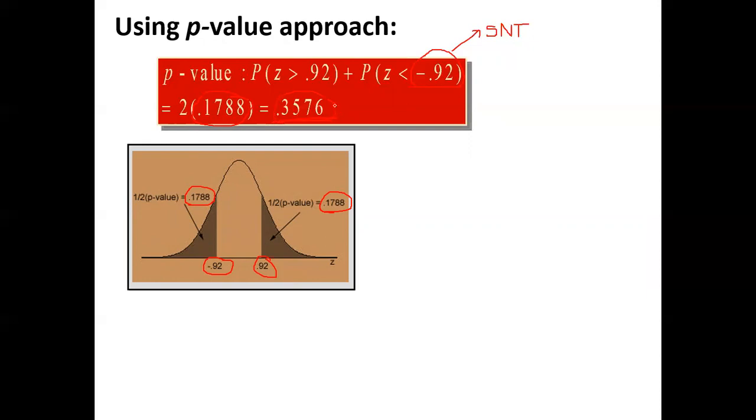Is it greater than or less than 0.05 and 0.01? So 0.3576 is greater than both 0.01 and 0.05.